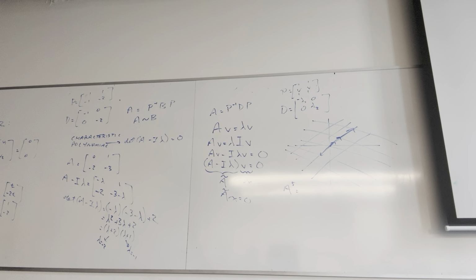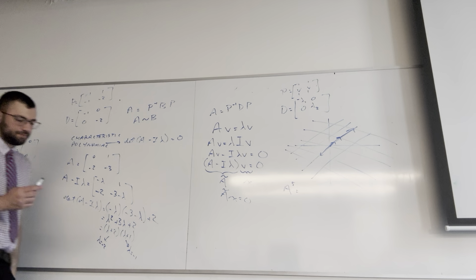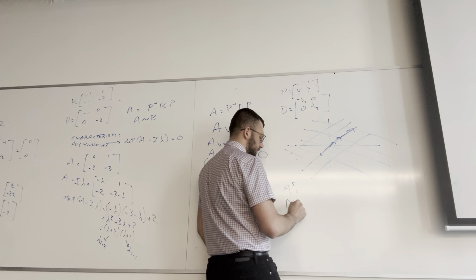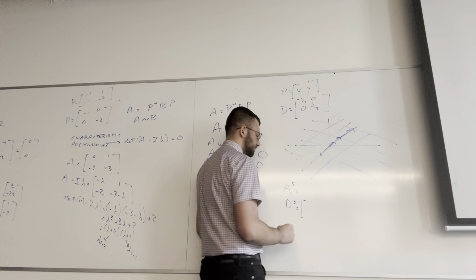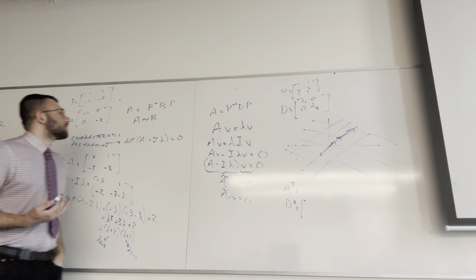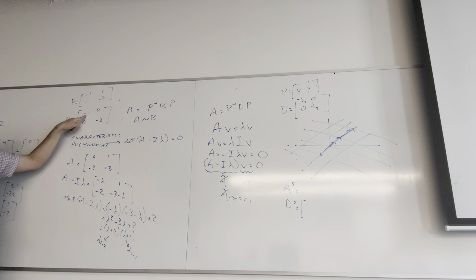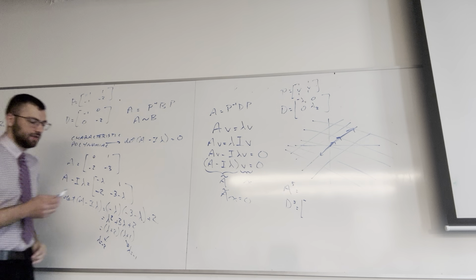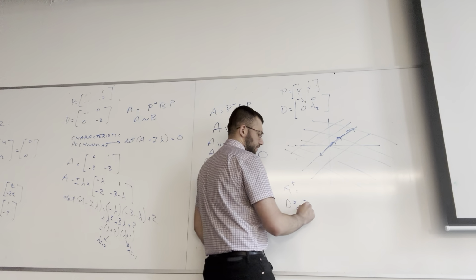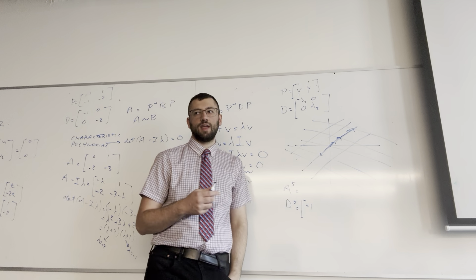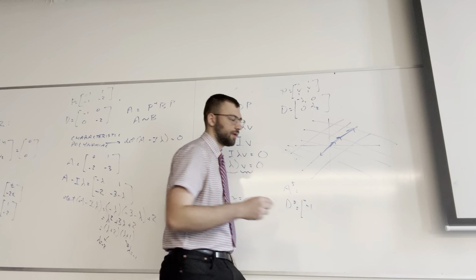That sucks. An alternative, I can go and figure out first off what D to the 5 is. We've diagonalized it, and a diagonal matrix to any power is super easy to do. You just raise each of the diagonal entries to that power. So -1 to the power of 5 is -1, and -2 to the power of 5 is -32.